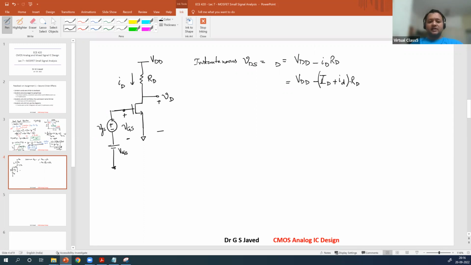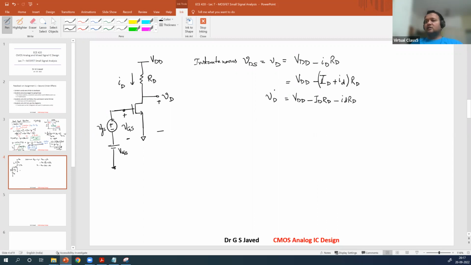Now, if you club all the DC components together, VDD minus I capital D RD, minus small id capital RD. Now, this is the small signal condition equal to VD. What does this give?